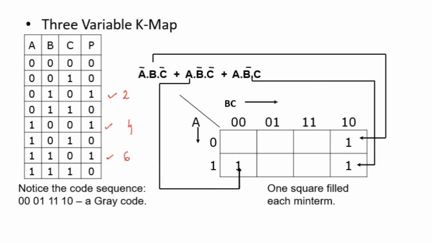If I label the K-map 0, 1, 3, 2, 4, 5, 7 and 6, three ones are there at 2, 4 and 6. So there is a 1 at second position, fourth position, and sixth position. This is how the three variable K-map can be prepared from a three variable truth table.